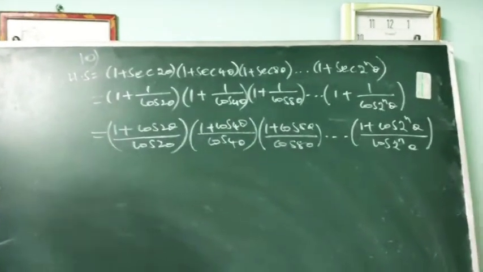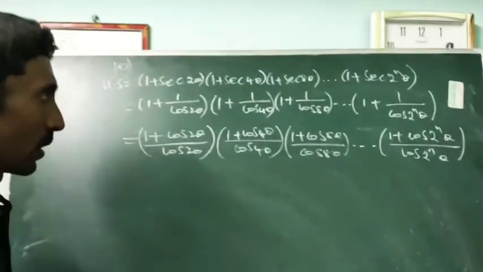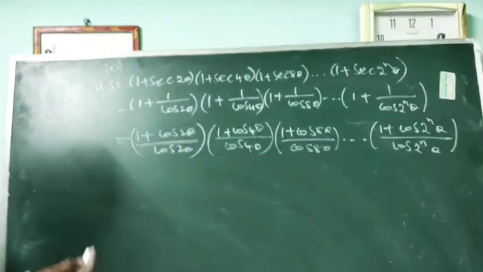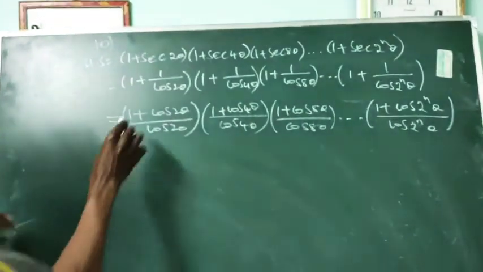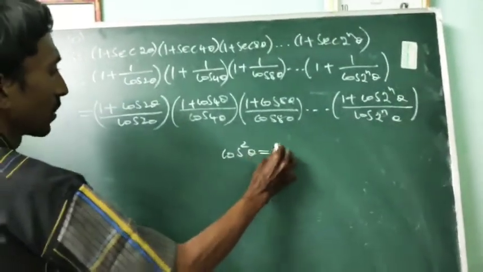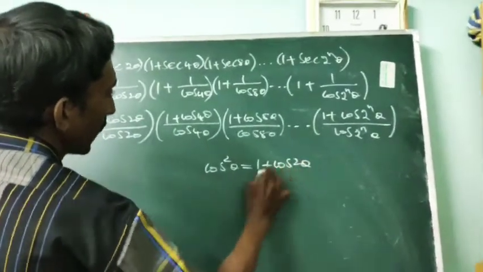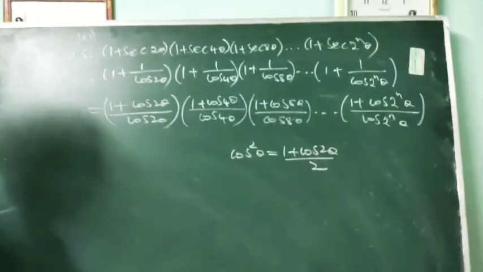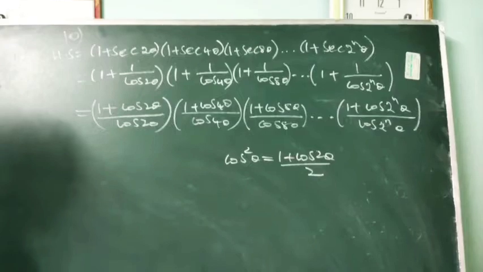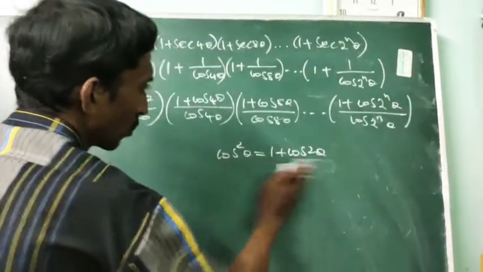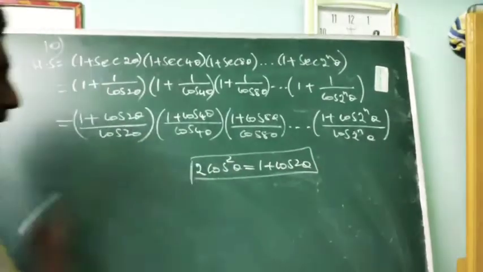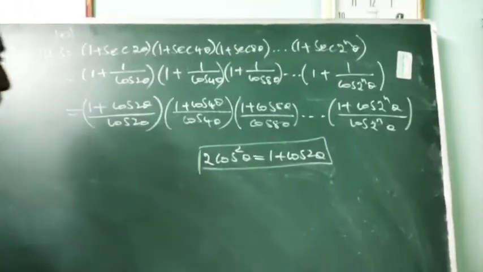We have to take the LCM and write it. Already we know the formula cos square theta equal to 1 plus cos 2 theta by 2. So 1 plus cos 2 theta equal to 2 cos square theta. Remember this identity. We are going to use it here.